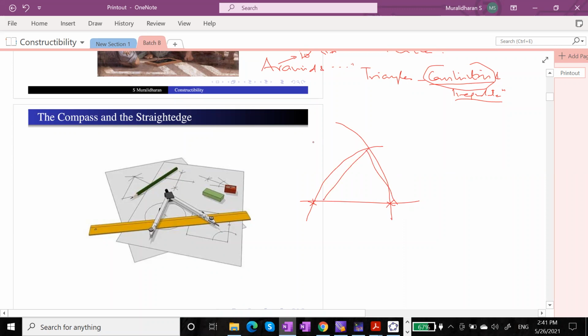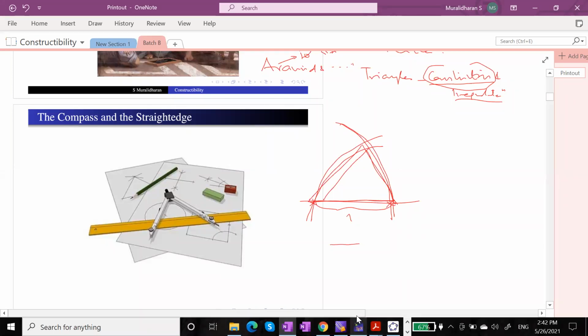Note that I have not used any measurement at all here, except that the side length is given. If the side length is 1, the radius has to be 1, here also the radius has to be 1. Then I get an equilateral triangle of side 1.